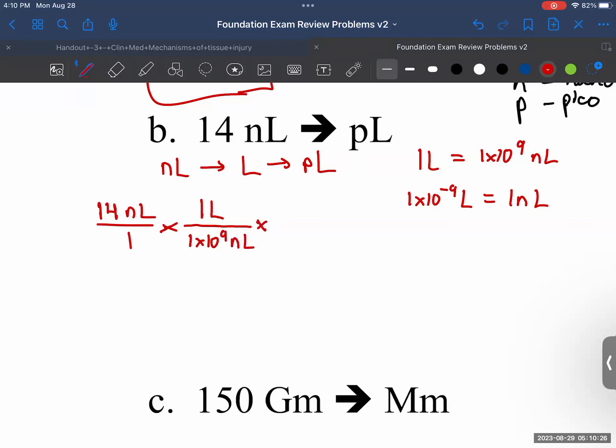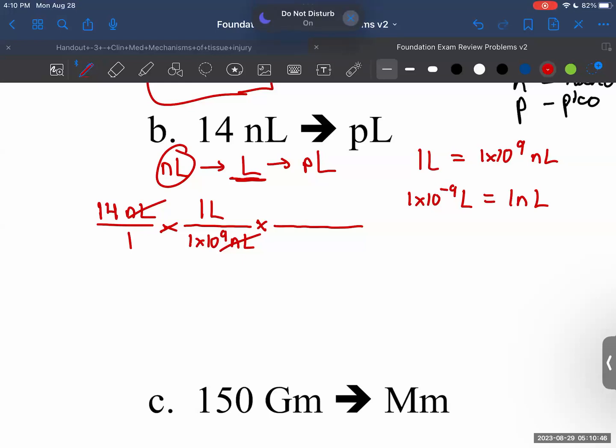So right now we've canceled out our nanoliters unit, so we're back in the base unit. We went from nanoliters and now we're here in liters. Now we need to convert from liters to picoliters. How many picoliters are in 1 liter?